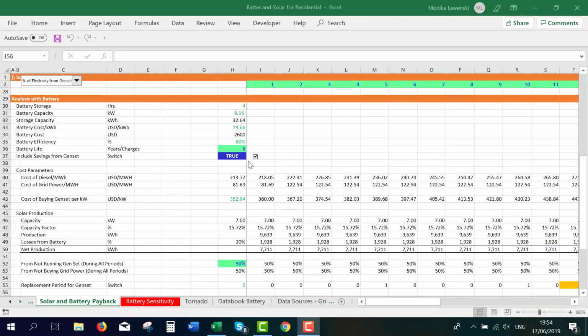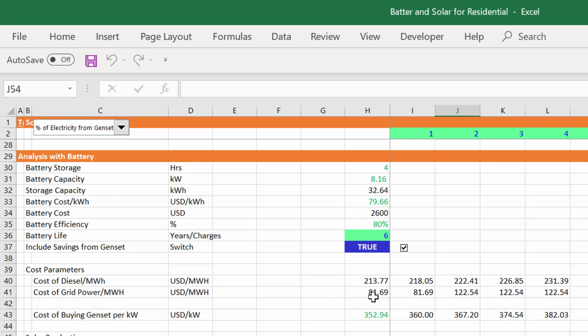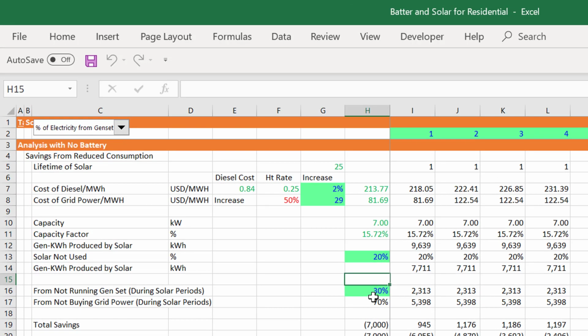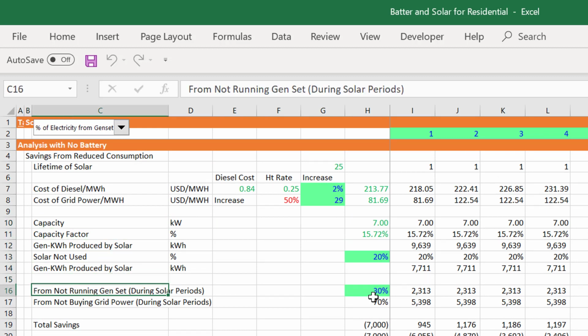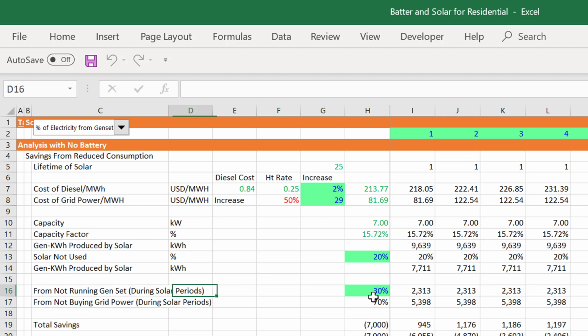Now, in this battery analysis, there are a couple of differences from the regular solar analysis. In the regular solar analysis, where we didn't have any batteries, we had to understand how much, during the solar periods, we would otherwise, if we didn't have solar, run the gensets.